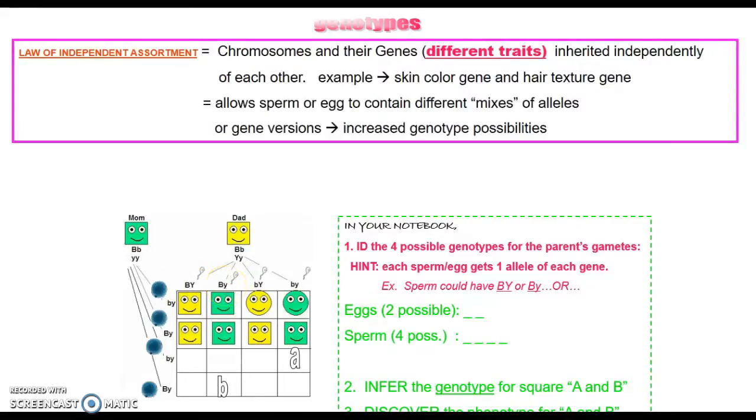And you notice too, don't forget, when we do 2 traits or 2 different genes, which are the B and the Y, sperm and eggs both will not receive all versions of each gene that the parent has. So when you make an egg from the parent's genotype here, the eggs only receive half of each parent.